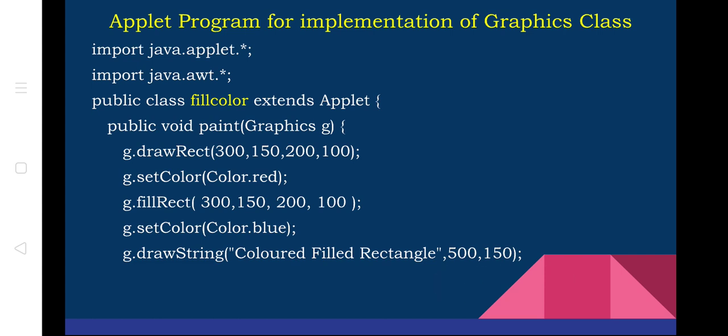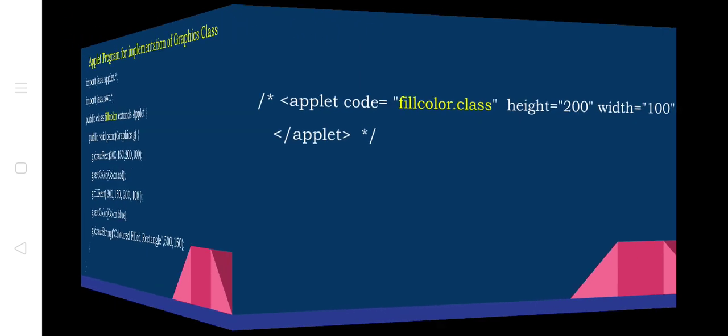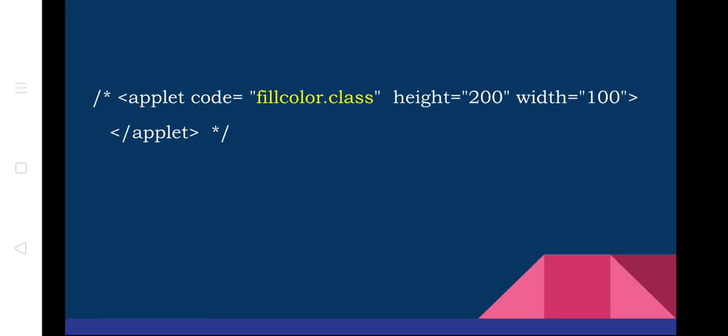Now we are going to close the braces of the program, and now we are going to include the applet code. So how to use the applet code? Here FillColor is the class name, so that has to be given as the class name. This is the applet tag that should be available in all applet programs. So applet code is equal to FillColor.class.